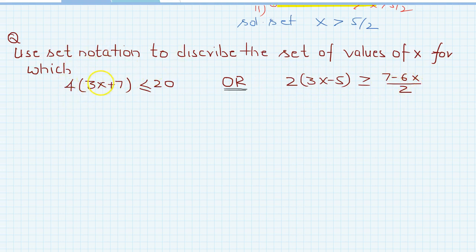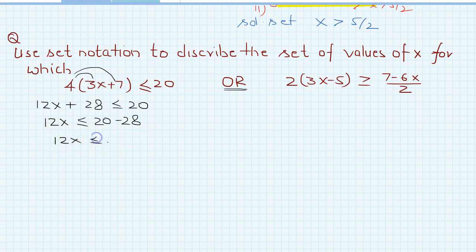That is easy. 4 multiplied by 3 is 12x and 4 multiplied by 7 is 28, is less than or equal to 20. So we have 12x is less than or equal to, take 28 this side, so this will be 20 minus 28. So 12x is less than or equal to -8.